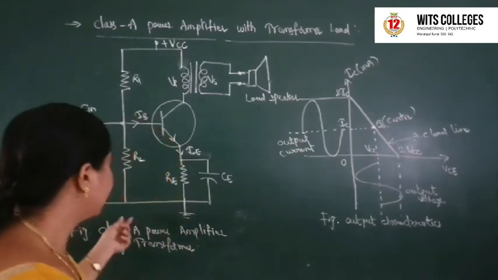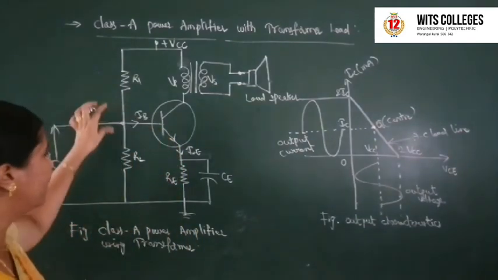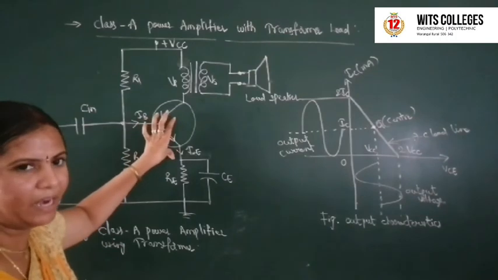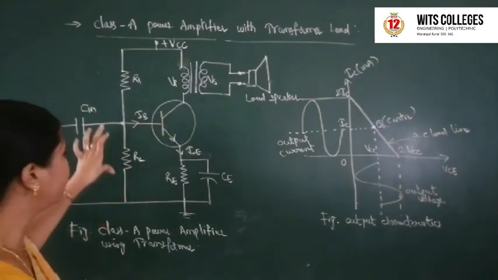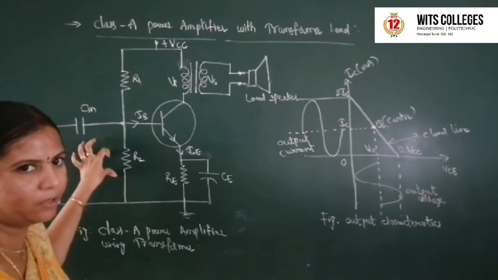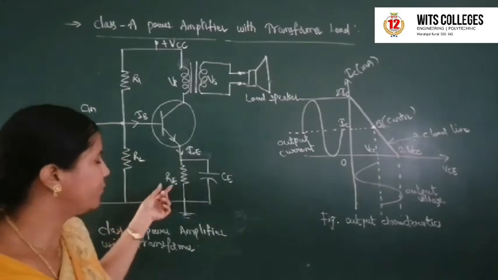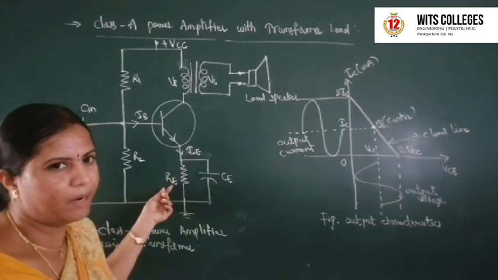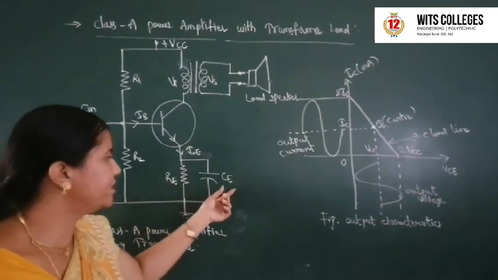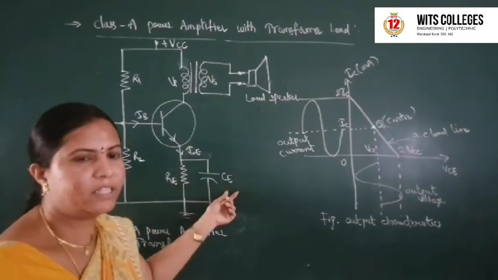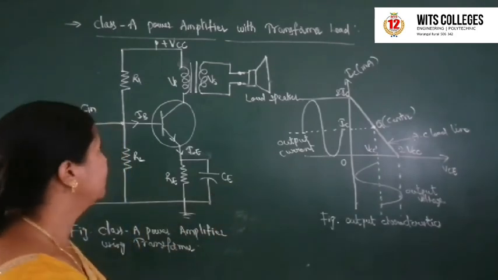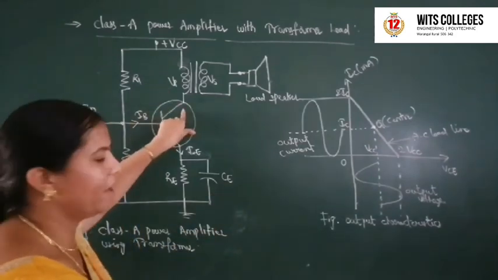So this is the circuit diagram. Here we are using an NPN transistor, and R1 and R2 provide the voltage divider biasing circuit. RE is used for thermal stabilization, and CE is the emitter bypass capacitor.